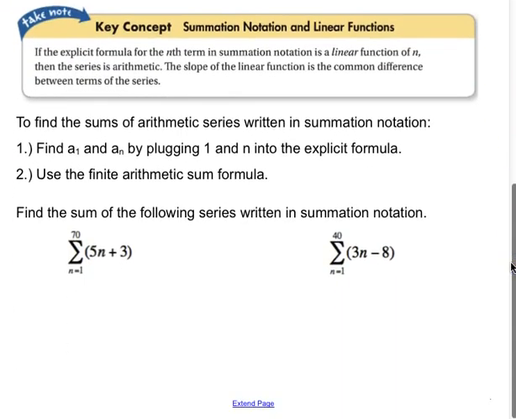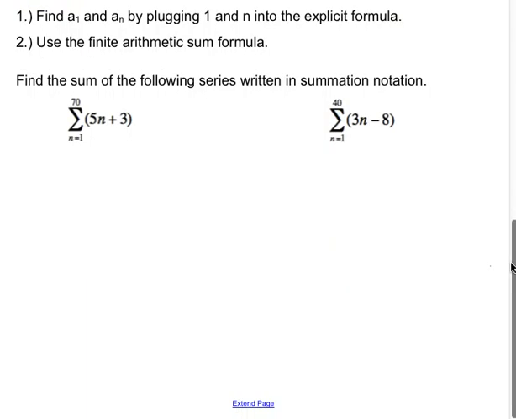So let's go through the process of how we can use the summation formula to find the sum of these things. Let's remember first and foremost, your summation formula is this.